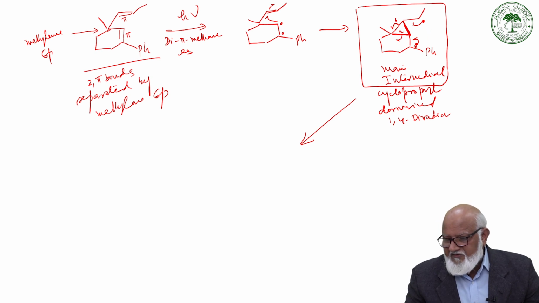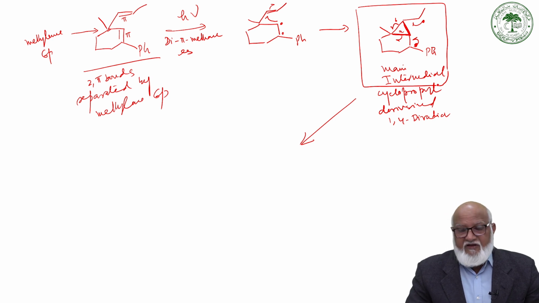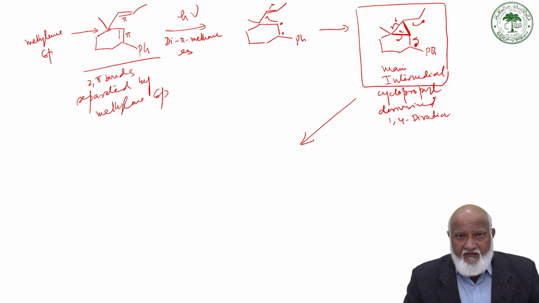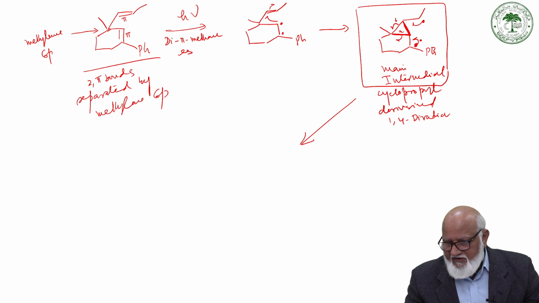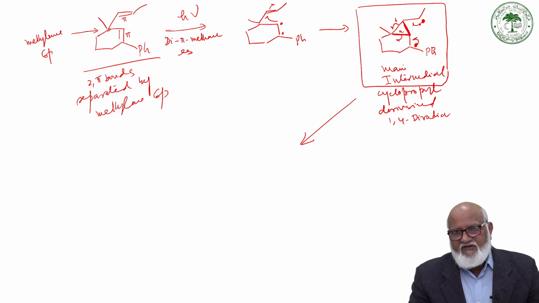As we have mentioned, this radical is adjacent to a phenyl group, and a radical which is adjacent to a phenyl group or a double bond is highly stable and delocalized due to resonance, so it is not going to form a double bond here, whereas this is a localized radical which has no such stabilizing factor.